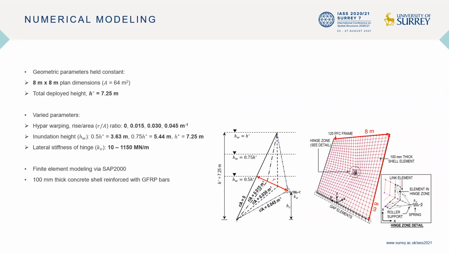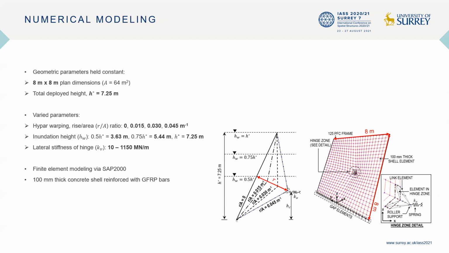The geometry of kinetic umbrellas considered as part of the study measures 8 meters by 8 meters square in plan and was tilted at an angle of 65 degrees to the horizontal. This results in a total deployed height of 7.25 meters.